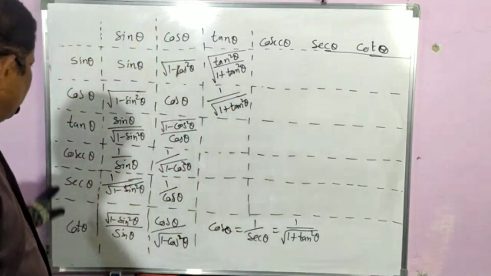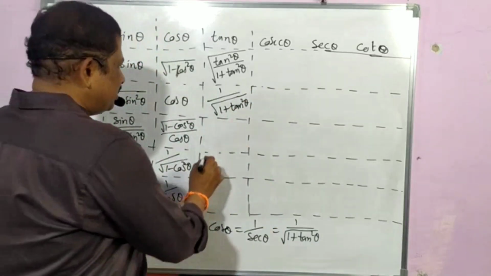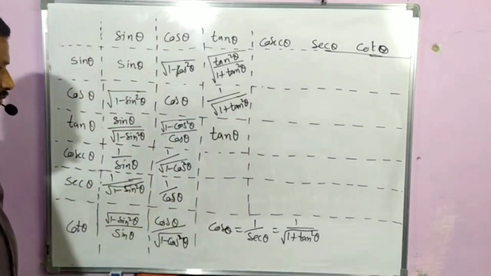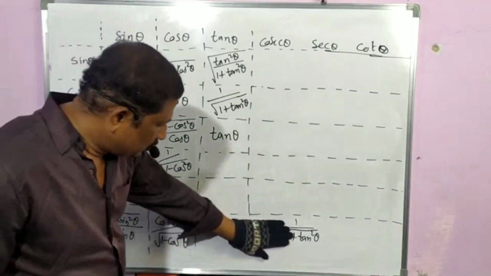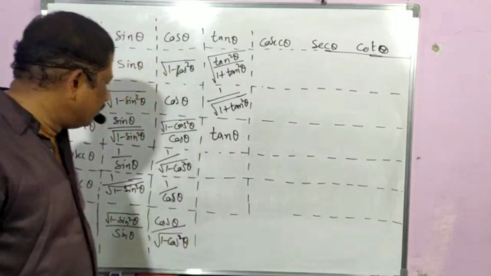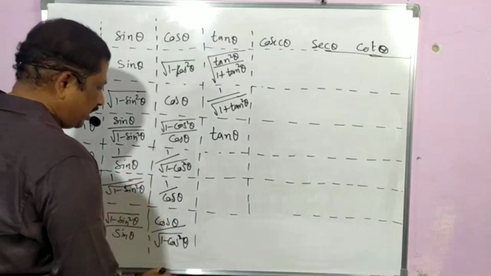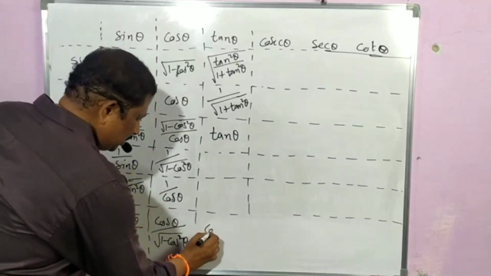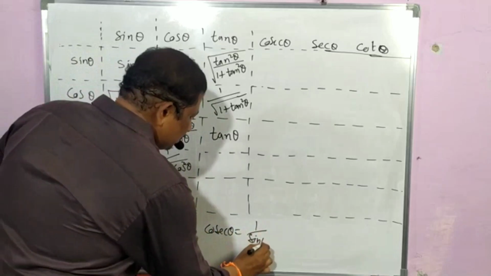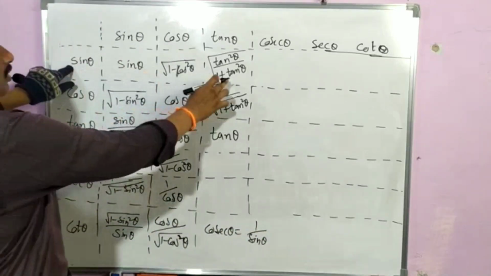Okay. Next, tan in terms of tan means we get the same thing. Next, cosecant in terms of tan. First you have to convert: the reciprocal of cosecant is sine. So cosecant theta can be written as 1 by sine theta. Sine we already converted into tan.